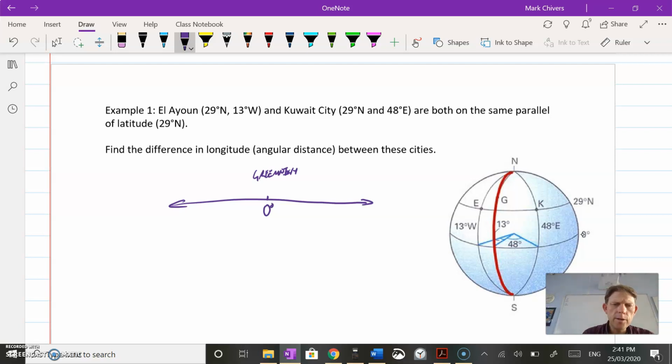We have one that's 13 degrees west, which we'll just state as 13 degrees west, which is El Ayoun. And we've got Kuwait City, which is 48 degrees east of the Greenwich meridian.